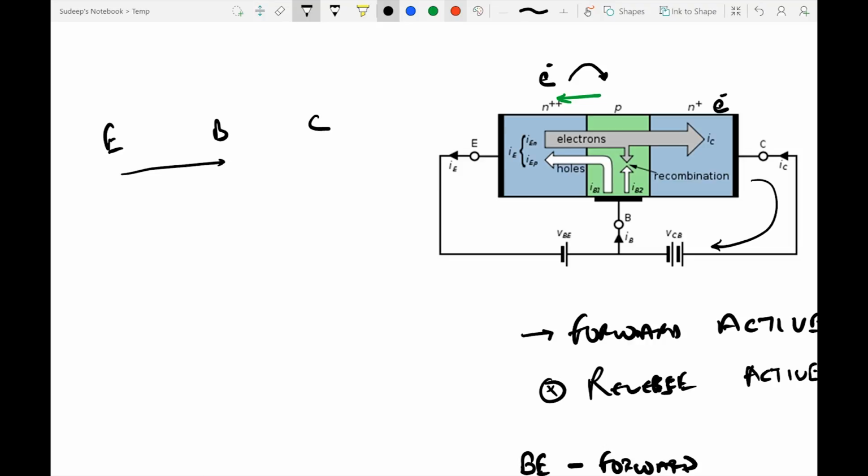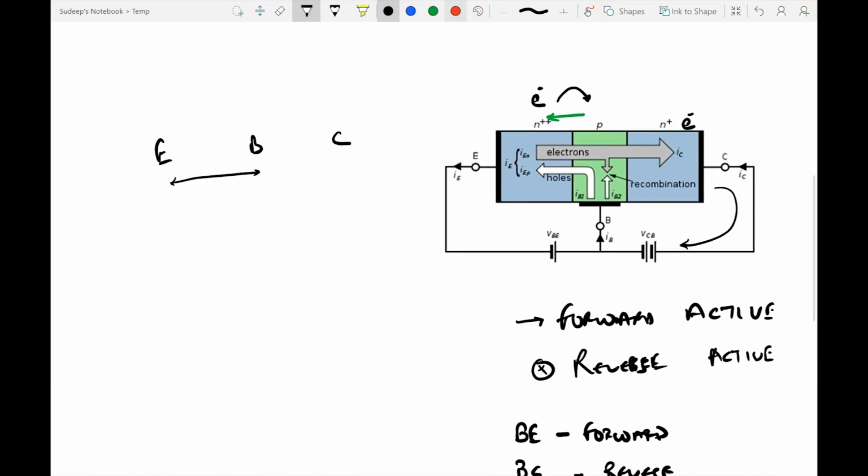The emitter base junction was forward biased, so it offered a resistance which was nearly equal to 0, very low resistance. Then we had the base collector region, which was reverse biased, thereby giving a resistance of almost close to infinity. That is what we had talked of when we were understanding diodes.